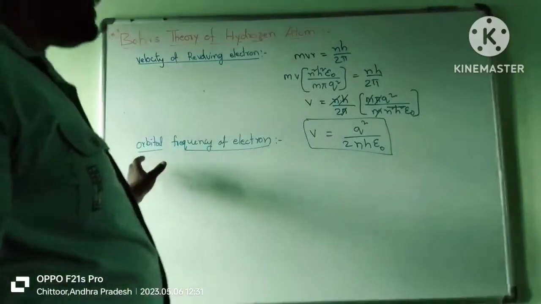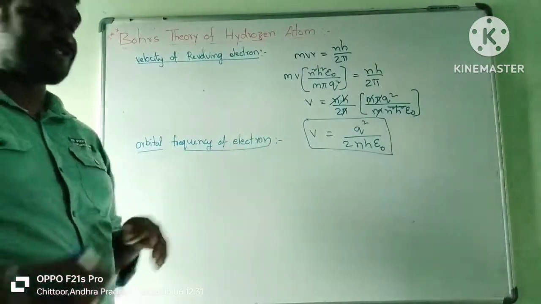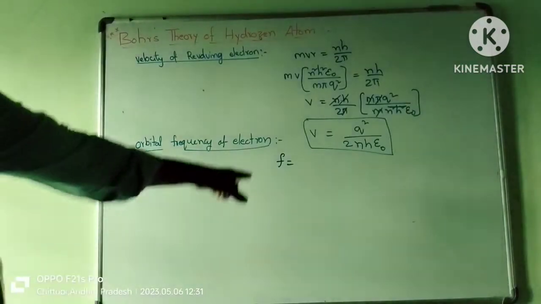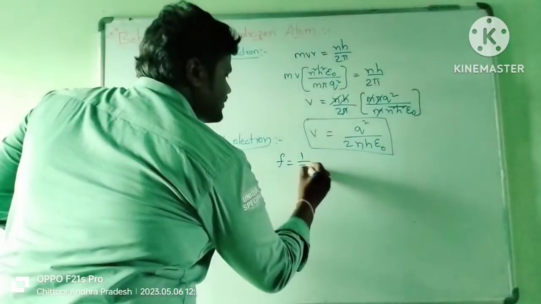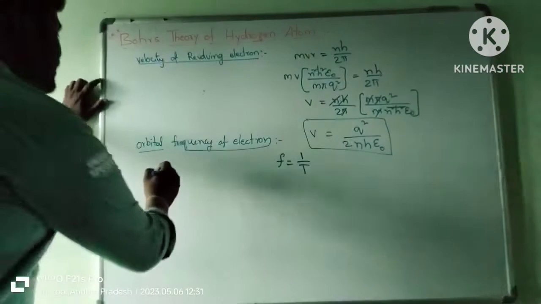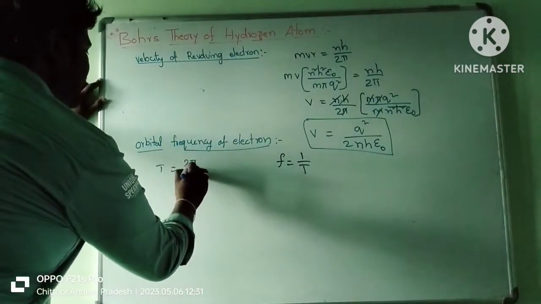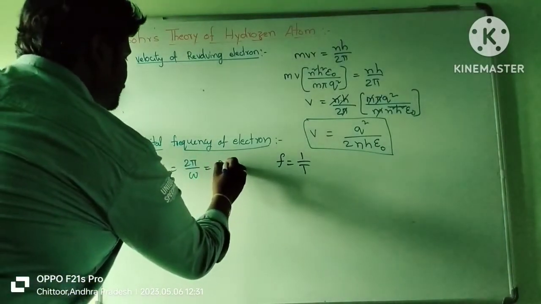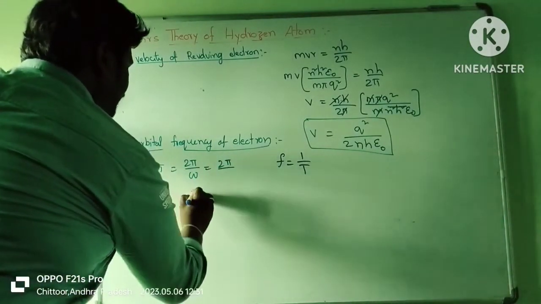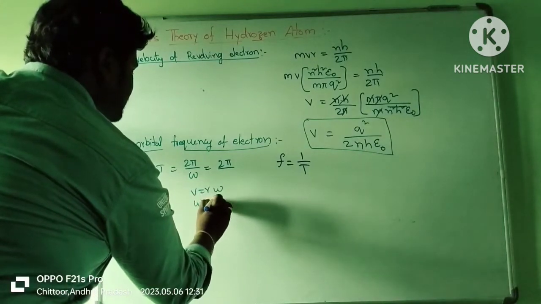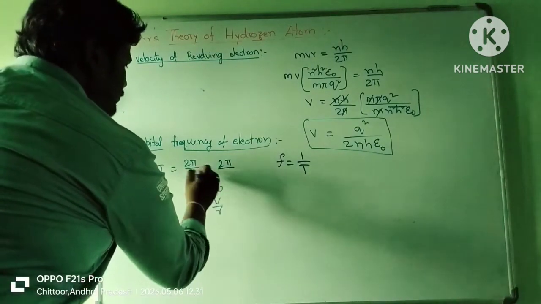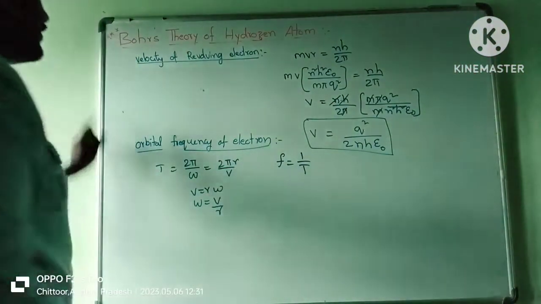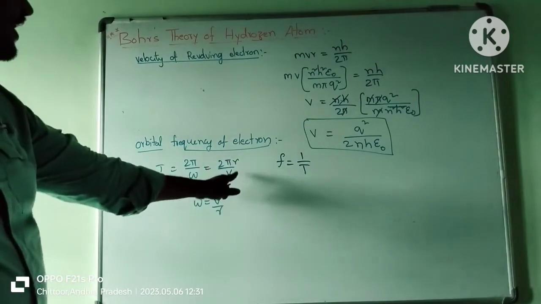Now we are going to find the orbital frequency of an electron. So the orbital frequency of electron f is equal to 1 by t. But we know that the time period t is equal to 2 pi by omega. Here v is equal to r omega, therefore omega is equal to v by r. So 1 by omega becomes r by v. So here time period t is equal to 2 pi r by v.